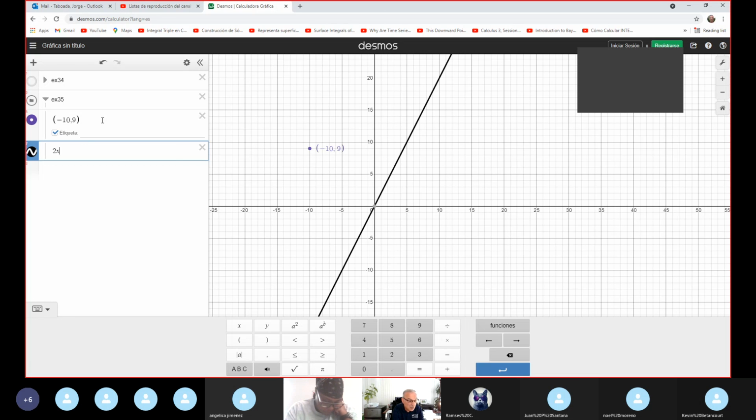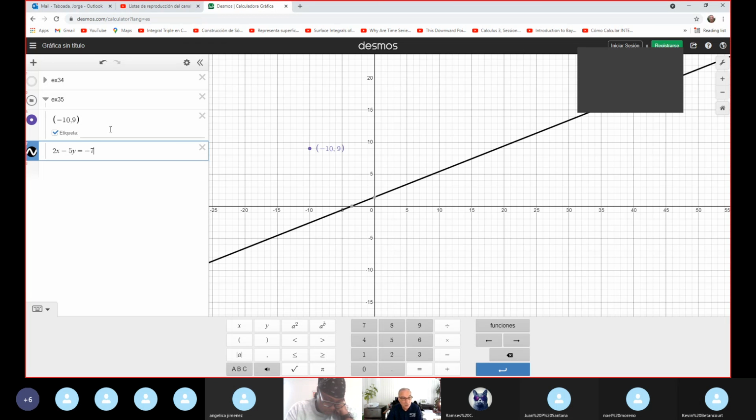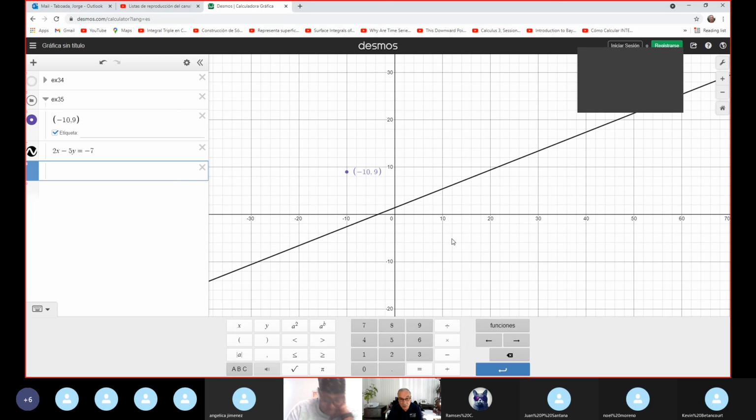2x minus 5y equal -7. Black color. Of course, this line doesn't pass through the given point. But the equation that we found, I suppose is passing through this point and is parallel to this line.